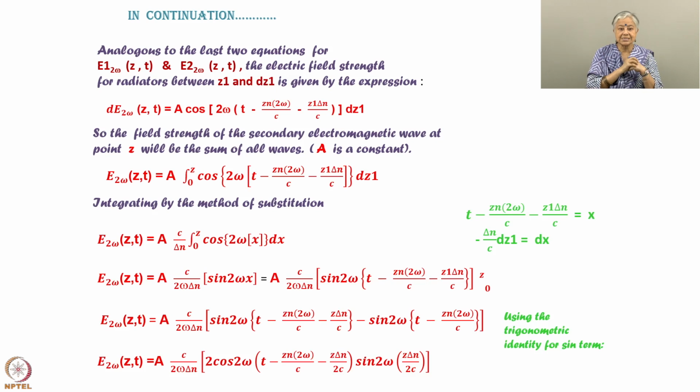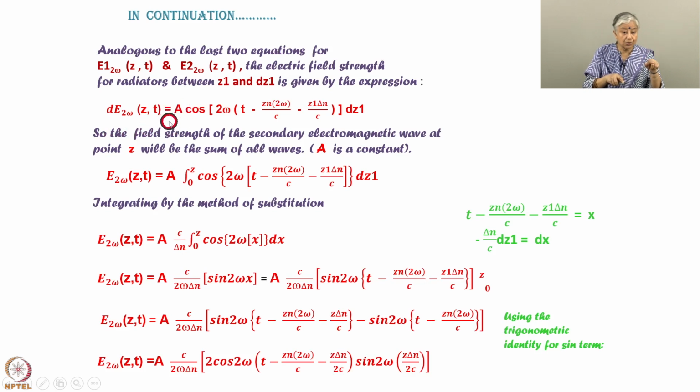It has changed by dZ1. And I can write the small electric field due to that small stretch, dE2omega(z,t), is equal to A, where A is a constant, say an amplitude. I have just introduced this term A because I was taking a proportionality constant all the time.